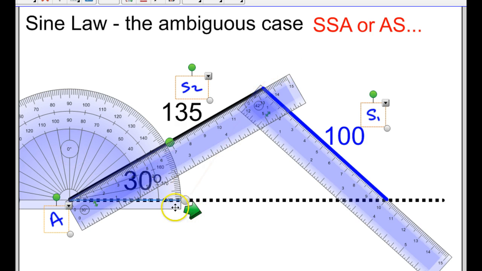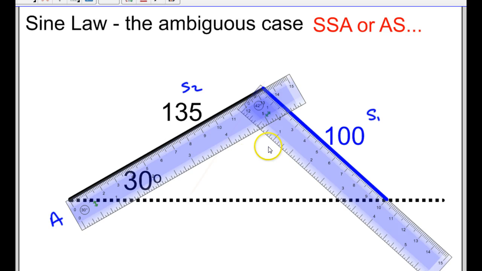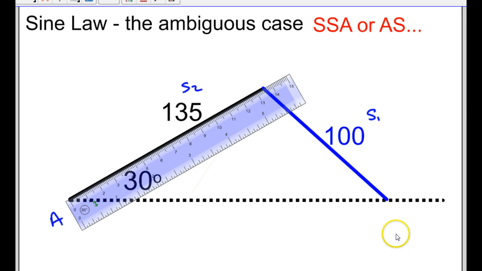If we look at this, look at our protractor here, the measurement on the protractor, you may not be able to see it very clearly, but it's 30 degrees. So I've got this 30-degree angle indicated here. The measurement on this ruler, 10.0, whatever the units are, I've just kind of written it as 100.